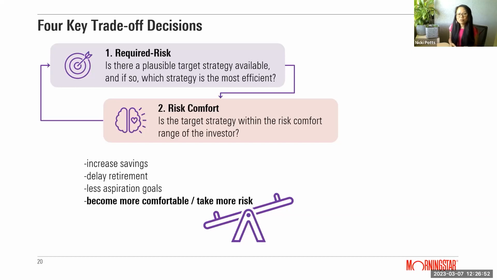Here, the financial professional's role is to explore expected volatility in the long term and manage risk and return expectations. If required risk is less than risk comfort, then the same levers as before would apply.